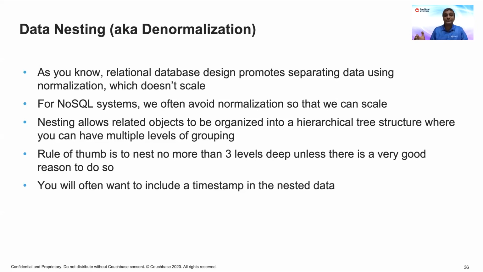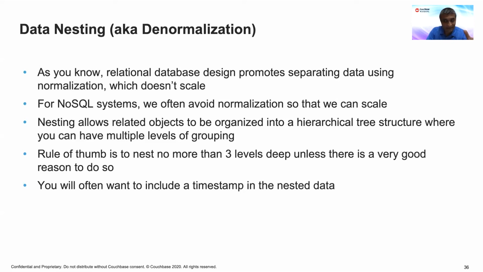Nesting allows related objects to be organized into a hierarchical tree structure where you can have multiple levels of grouping. I personally don't recommend more than 2 levels of nesting. Couchbase does not recommend more than 3 levels of nesting unless you really have a good reason to do so.